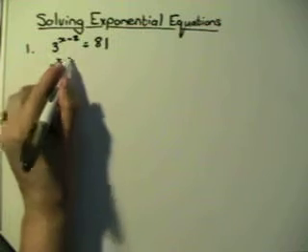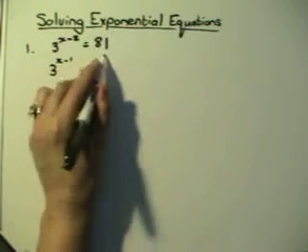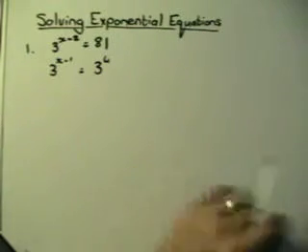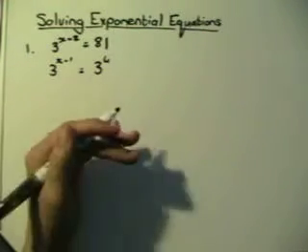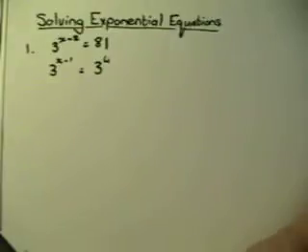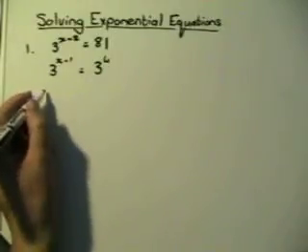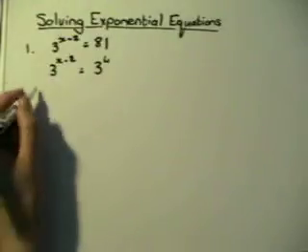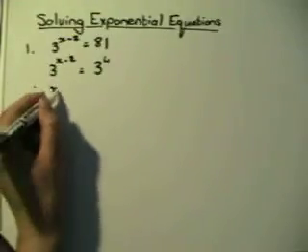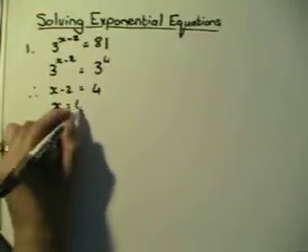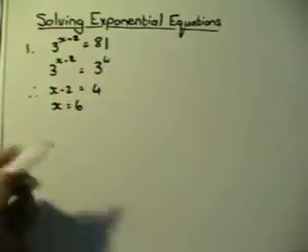Now I know 81 is 3 to the power of 4, but if you don't know that, you can either do the prime factor form or use your calculator shift fact. Just make sure to press equal before you press shift fact, otherwise it won't work. And then I can say that the two exponents must be the same, and I have that x is 6.